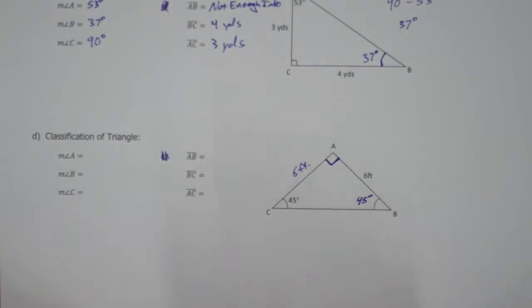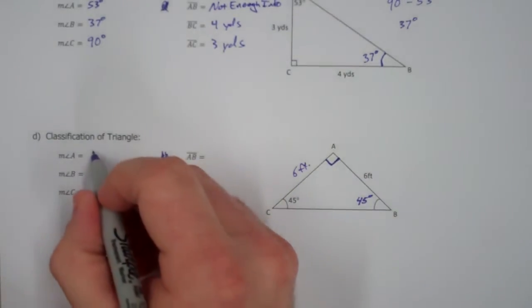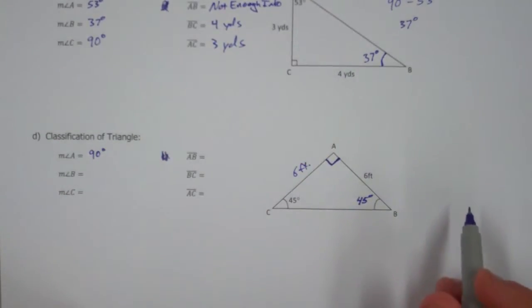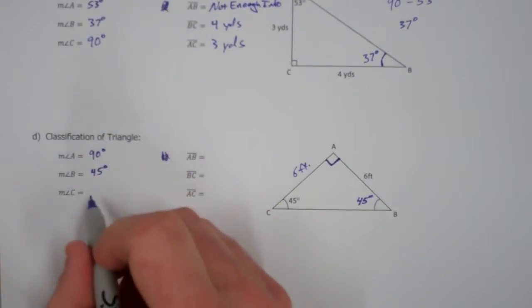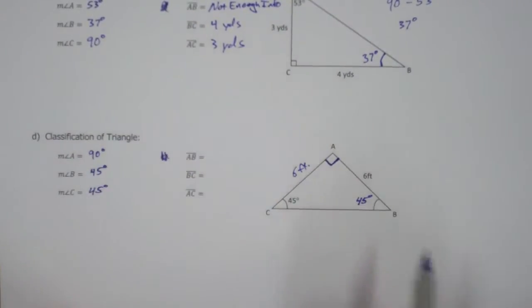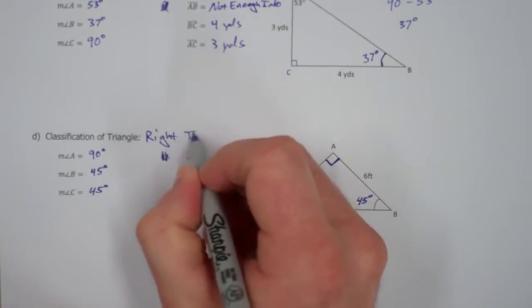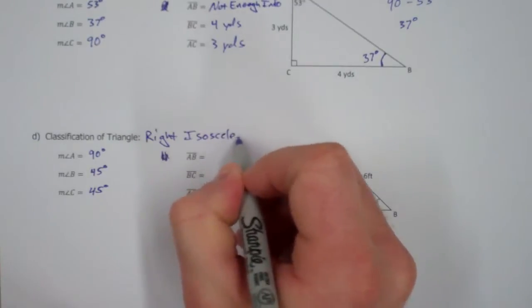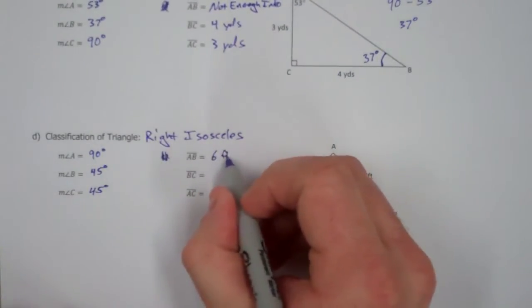Okay, so measure of angle A, we've got 90 degrees here. Measure of angle B, we've got 45 degrees. C is going to be the same. By the way, this is a right isosceles, so let's write that here before we forget. Right isosceles. AB is 6 feet.